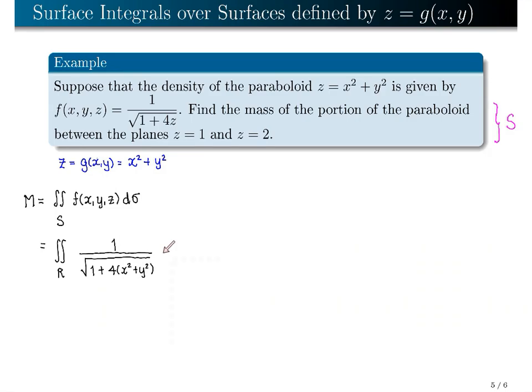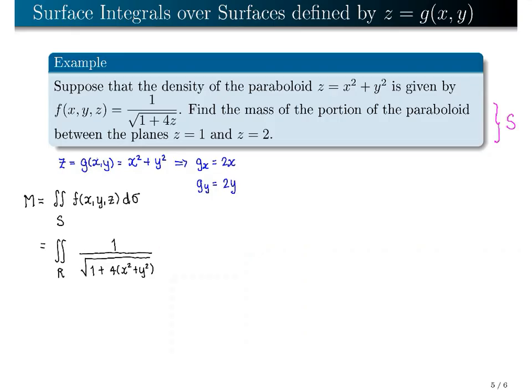For the next factor, we need the partial derivatives of g with respect to x and with respect to y. We see from g of (x, y) that the partial derivative of g with respect to x is equal to 2x, and the partial derivative of g with respect to y is equal to 2y.